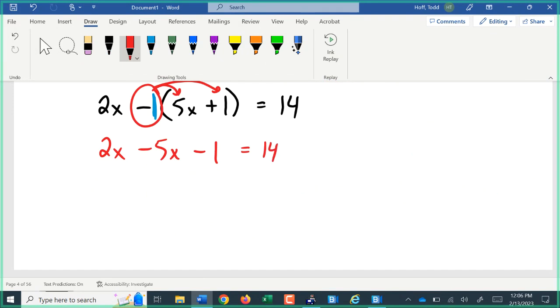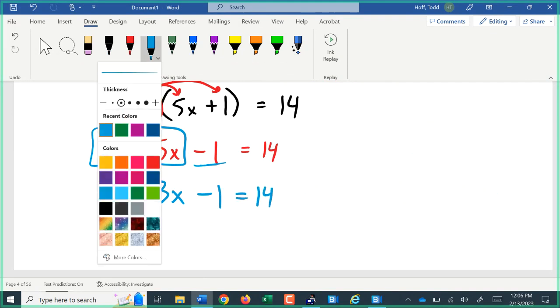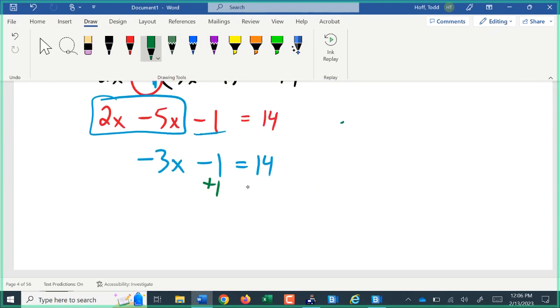There's still more that we can combine on the left side, though, so we have to keep going with it. We have 2x and negative 5x makes negative 3x. We still have the minus 1, and it equals 14. Now we've combined everything we need to combine. The variable is on one side, so we can go ahead and solve. We'll add 1 to both sides.